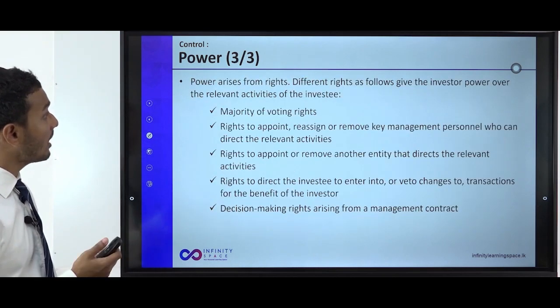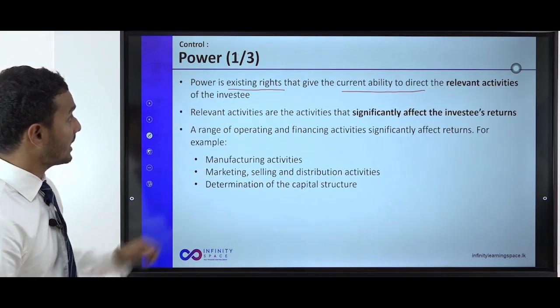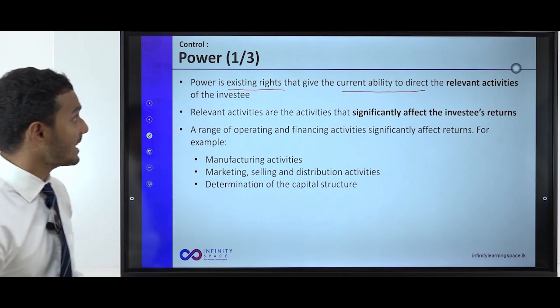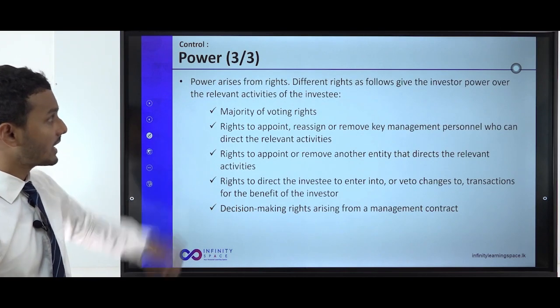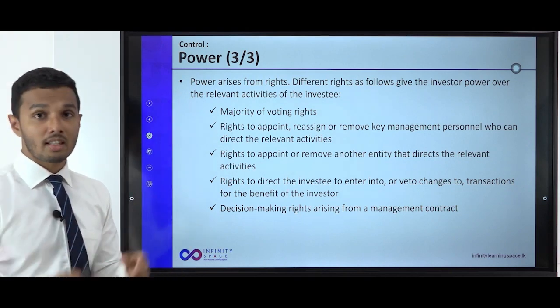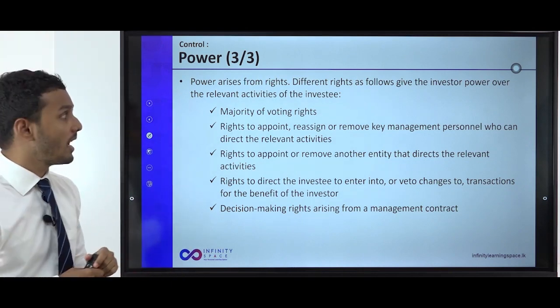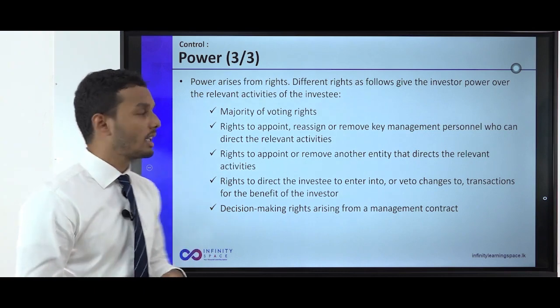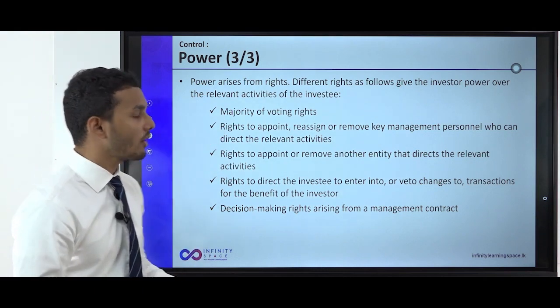Right. So we know power is an existing right, and these rights can be of different forms. The investor can get these rights in different forms. One method, the most common method, is by having a majority of voting rights.